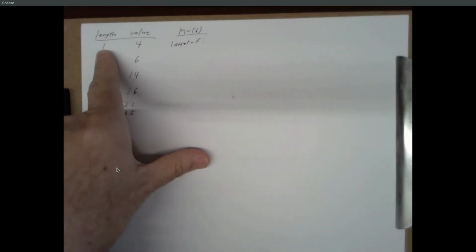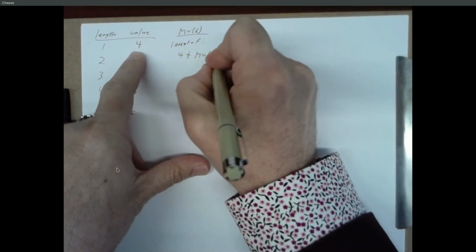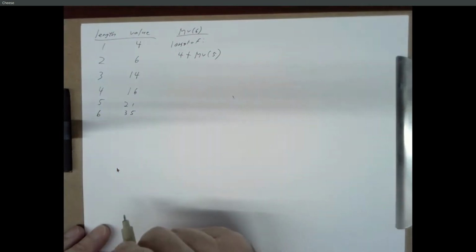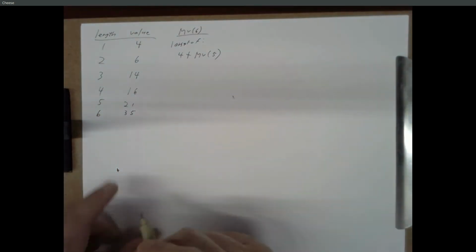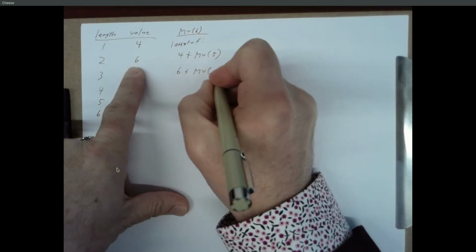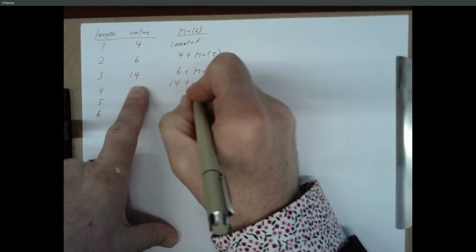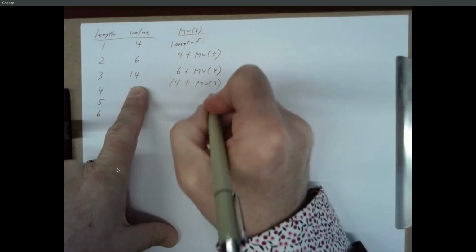Okay, so maxval 6 is the largest of the following. I can make a 1-inch cut, which gets me $4, and then leaves me with 5 inches to cut up. I can cut a 2-inch piece, which gets me $6, and leaves me with 4 inches to cut. I can cut a 3-inch piece, which gets me 14, and leaves me 3.